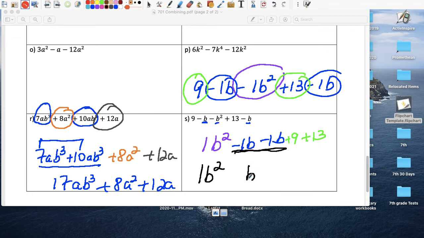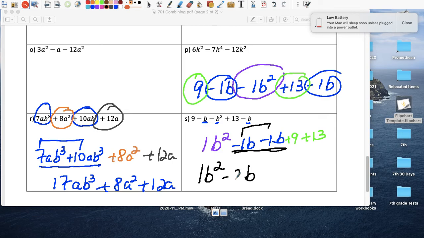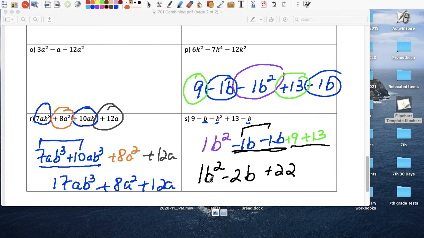So it's going to be b, and negative 1 and negative 1. Oh, no, my battery. Minus 1 and minus 1 is minus 2. So we get minus 2b. And then in green, 9 plus 13 is just plus 22. And this is the expression simplified. Okay? That's it. Saturday morning.